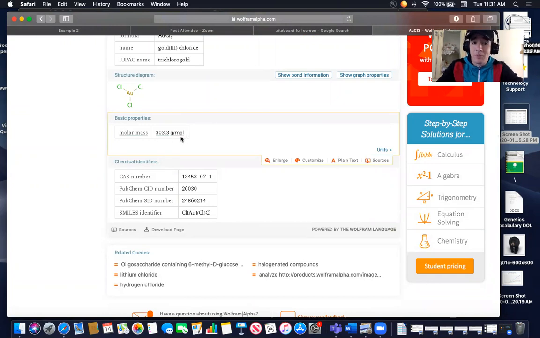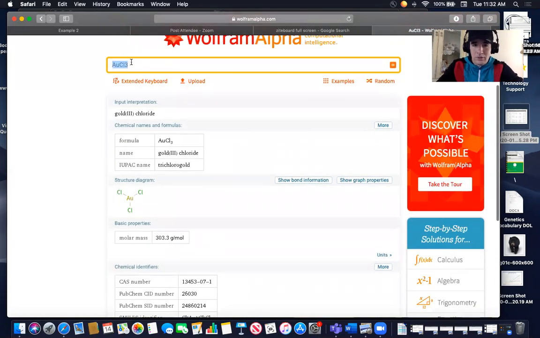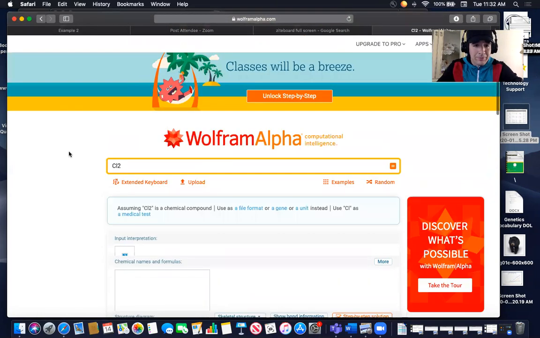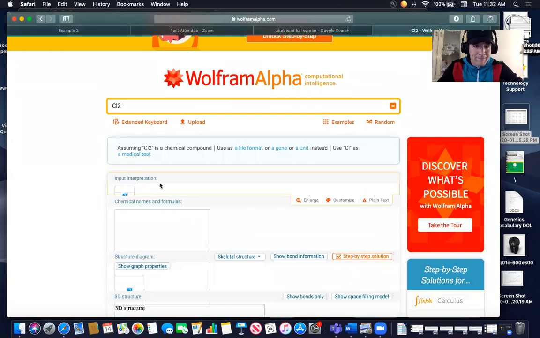If you're trying to find the molar mass for something, you don't want to go to the periodic table and look it up. You can just come to Wolfram Alpha, type in the chemical formula for that compound, and it'll give you the molar mass. Let's do another problem. Let's see, Cl2, dichlorine.